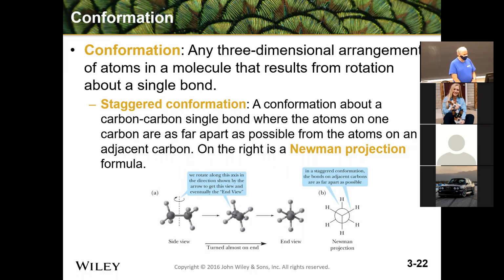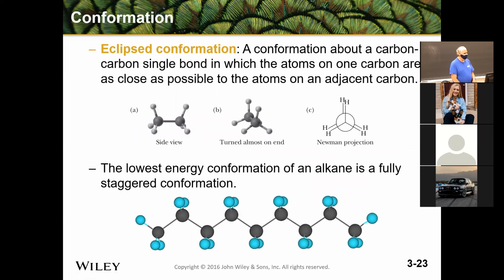In the staggered conformation, the CH bonds are as far apart as they can get. The eclipsed conformation is the highest energy conformation. Here they are eclipsed, and we have what is called torsional strain, where there's repulsion between these hydrogens.